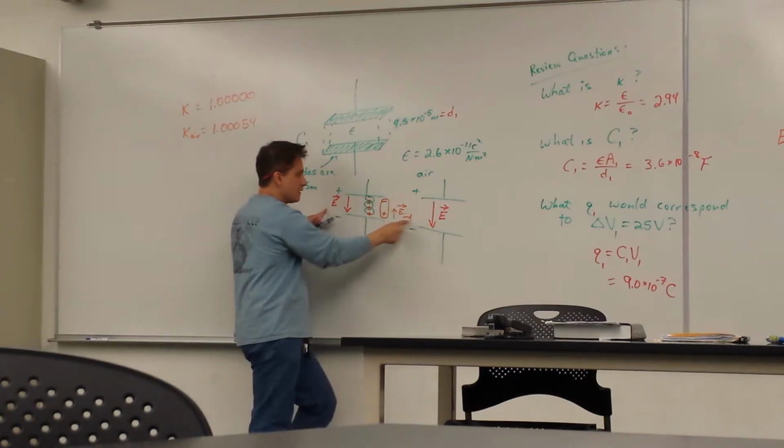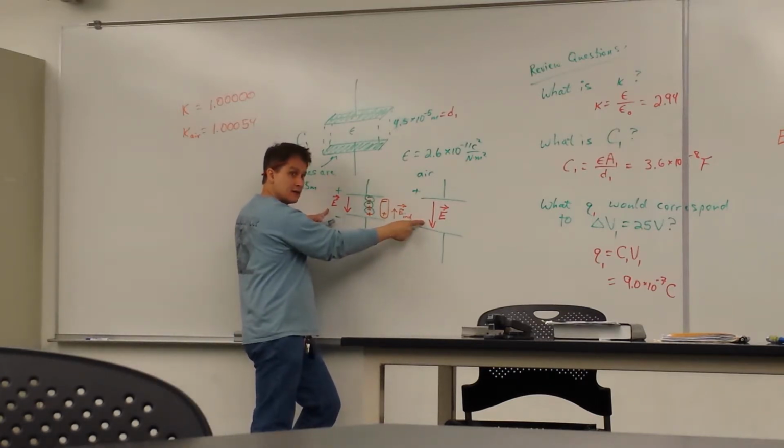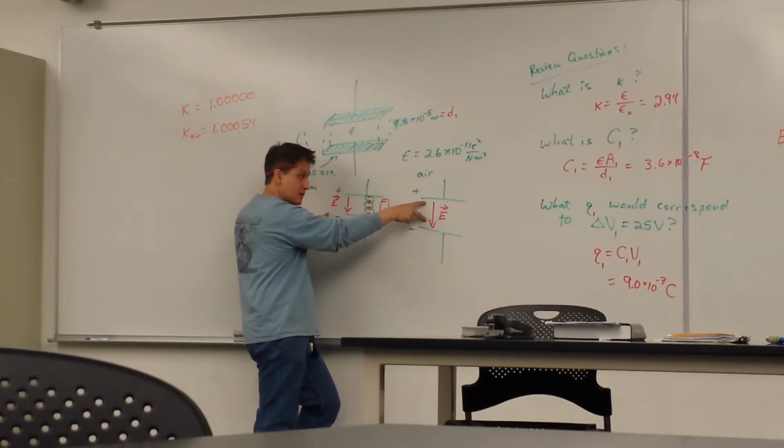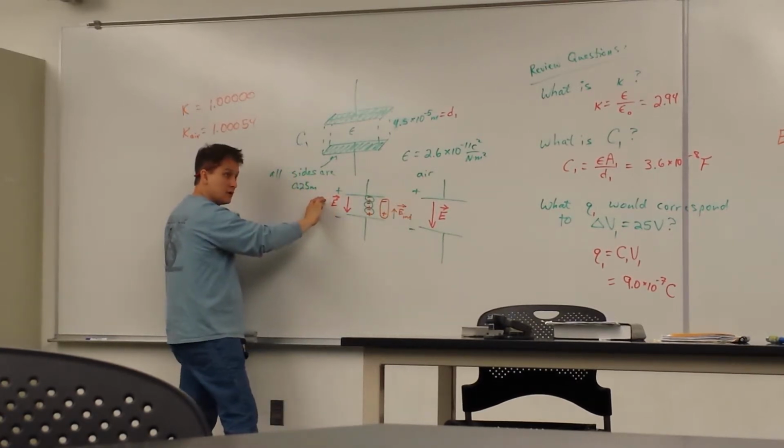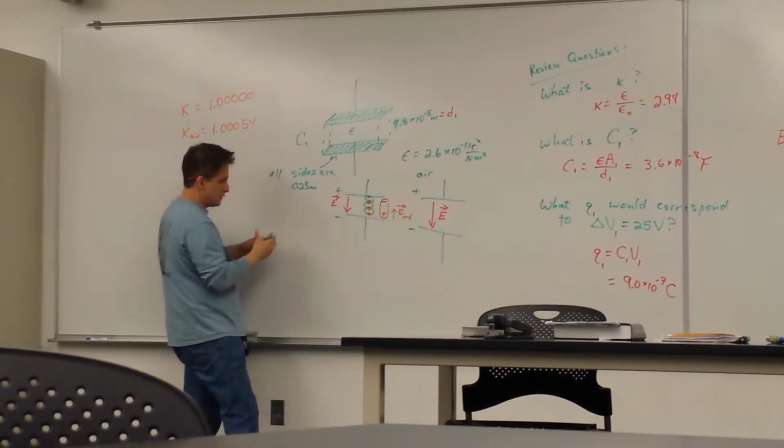So, what does this tell us? The electric field here just is. The electric field over here, you've got a situation, right? It's greater, but the sum of the two is equal to the one on the right.